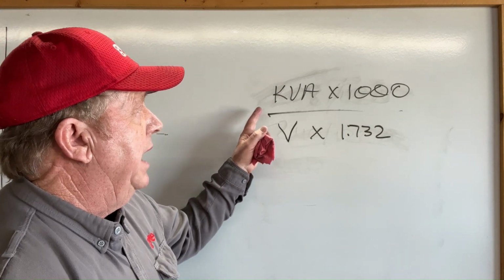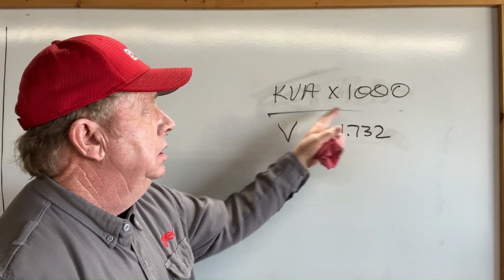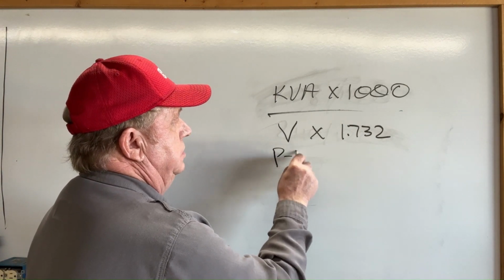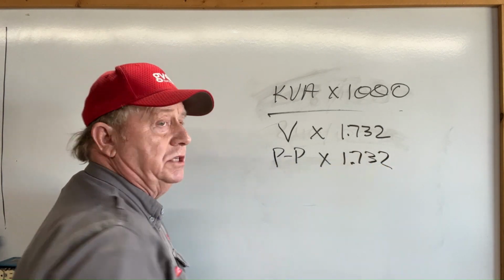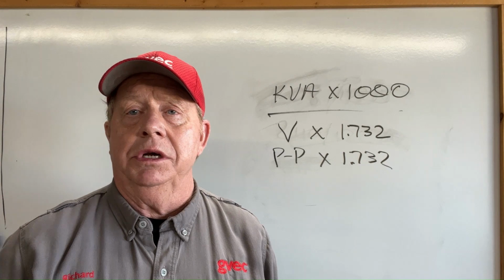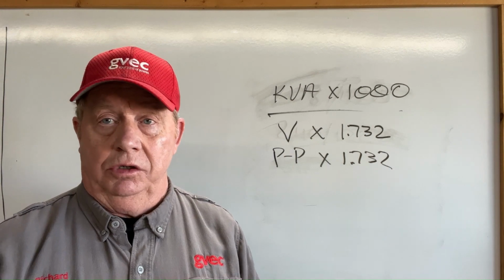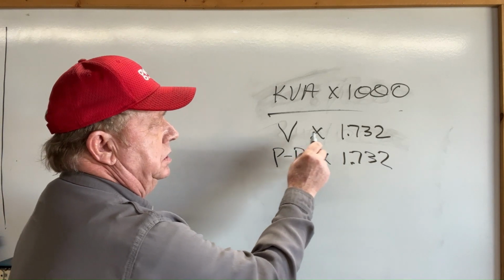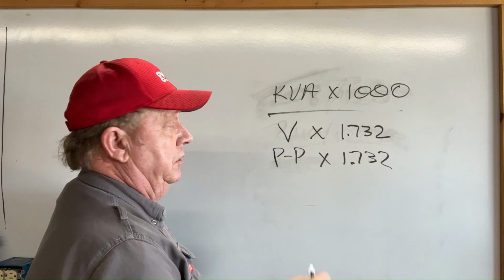So the math is take your total kVA times 1,000 divided by the phase-to-phase voltage times 1.732. 1.732 is the three-phase multiplier. When you're 120 degrees apart, which three-phase transformer banks in the United States are, you're going to see voltage times 1.732.